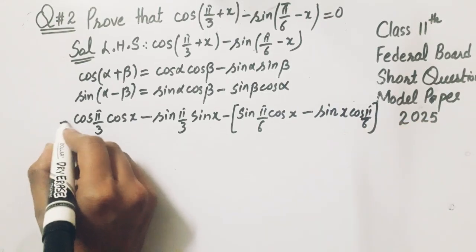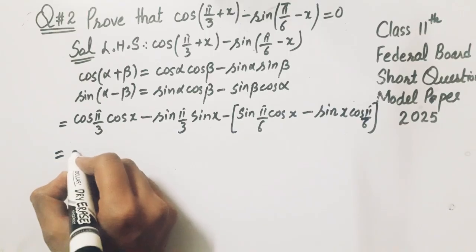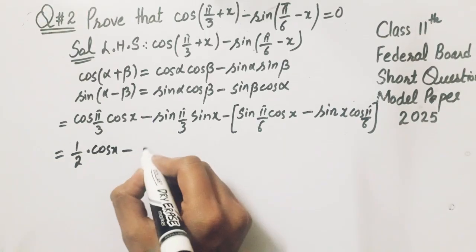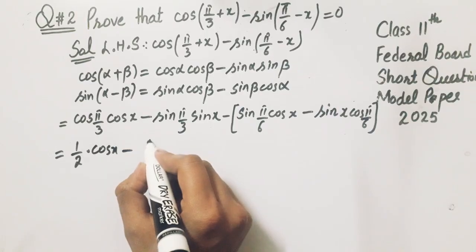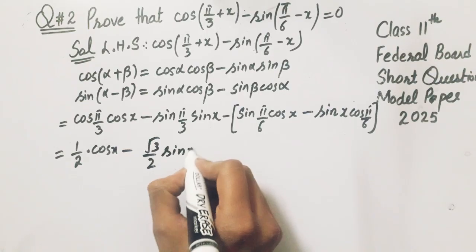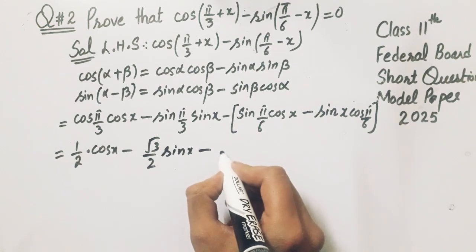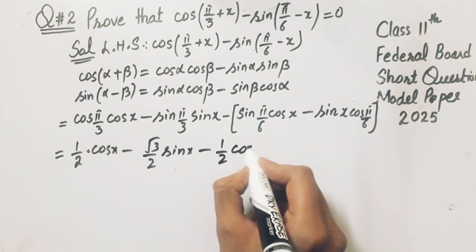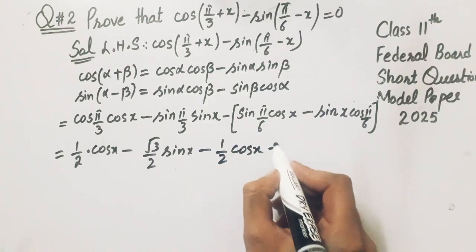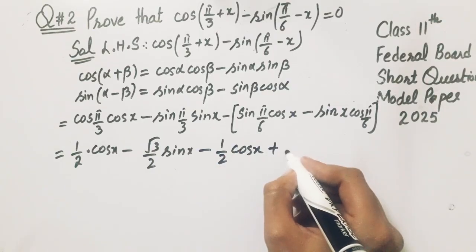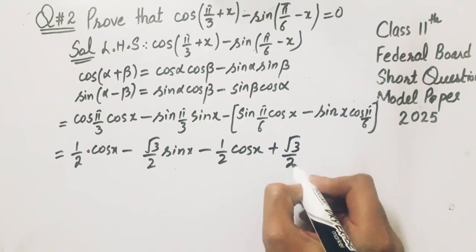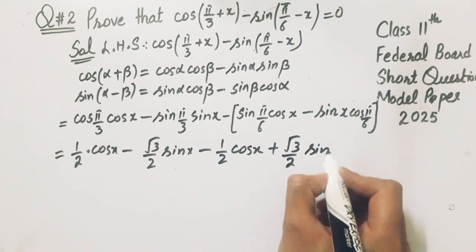Now we know that cos pi by 3 is equal to 1 by 2 into cos of x minus sin pi by 3 is equal to square root of 3 by 2 sin of x minus sin pi by 6 is equal to minus 1 by 2 cos of x, and then minus minus plus and sin x and cos pi by 6 is equal to the square root of 3 by 2 into sin of x.